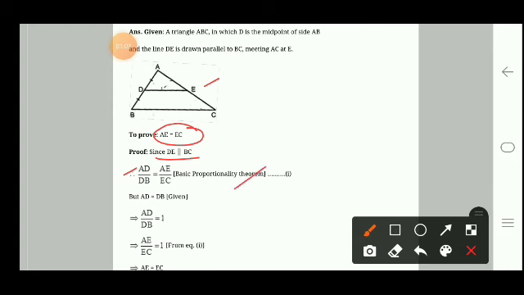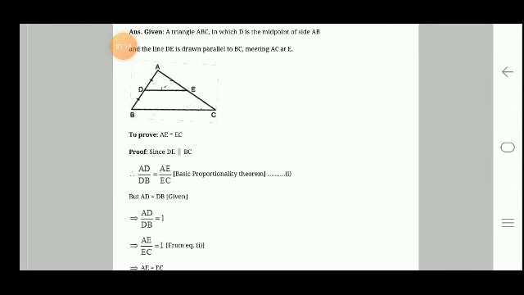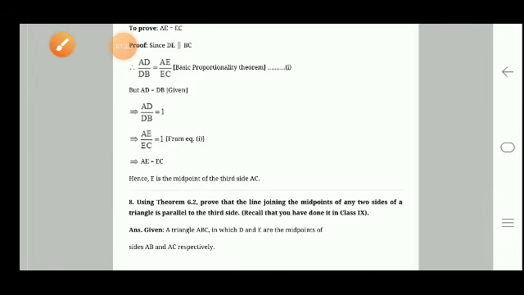This is by the BPT theorem. But as we know, AD is equal to DB, so AD over DB is equal to 1. It means AE over EC is also equal to 1. In place of this we can write 1, so the result is AE is equal to EC. Hence E is the midpoint of the side AC.